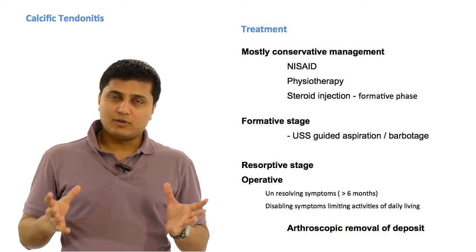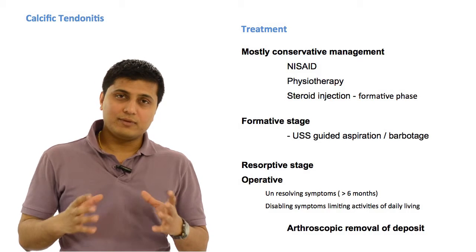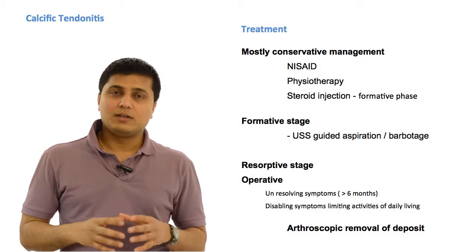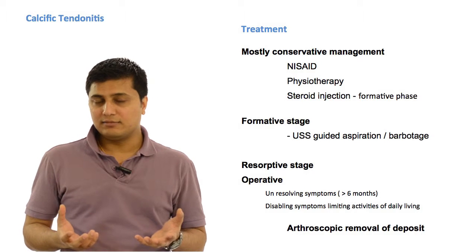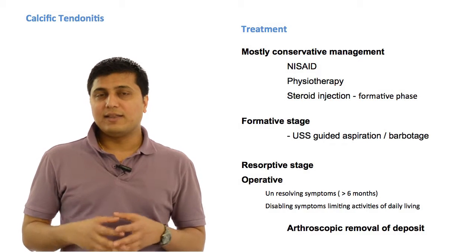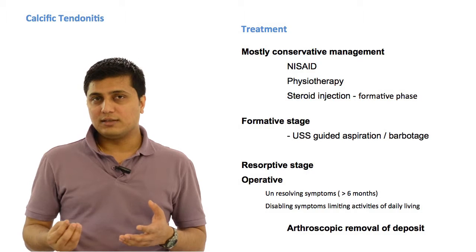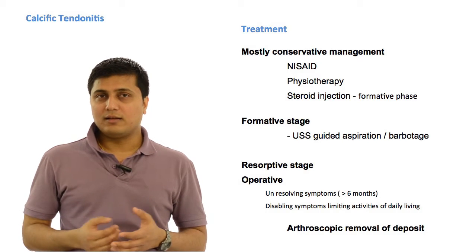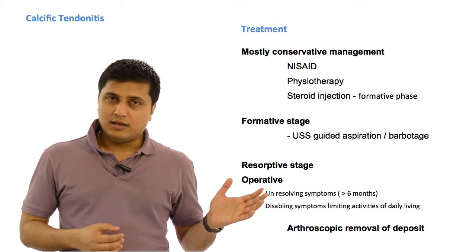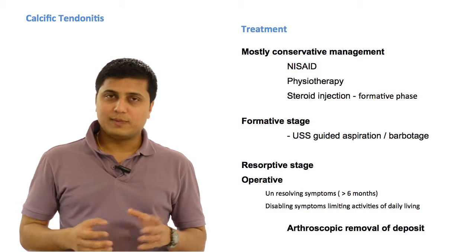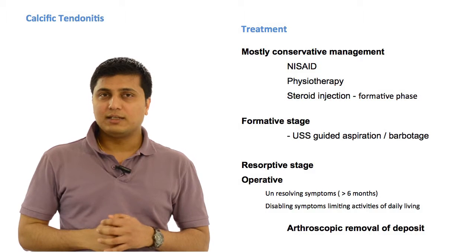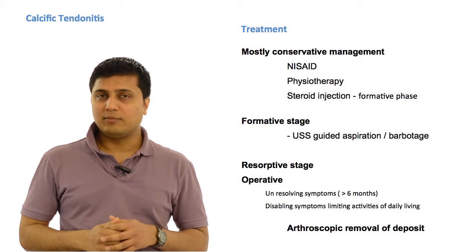After all these conservative measures, if the symptoms are not resolved for more than 6 weeks or so, or for between 6 weeks to 6 months, then operative treatment does play a role. The operative options could be either arthroscopic or mini open, and recently arthroscopic techniques have taken a major role.